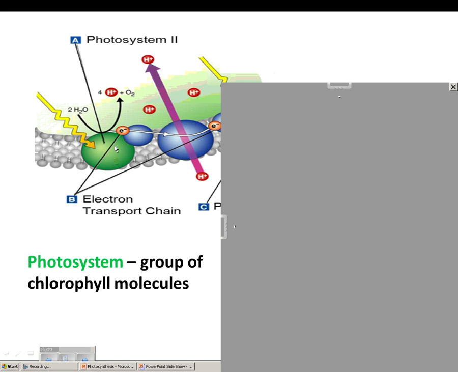We notice here that we have the electrons moving along the chain, and we've got lots of hydrogen ions up here, but we have a hydrogen ion down here, so it has to be pumped back across that membrane. This would be our transport protein for active transport. It needs to use a little bit of ATP to do that. So energy is used, active transport happens, and hydrogen ions are pumped back into the thylakoid.